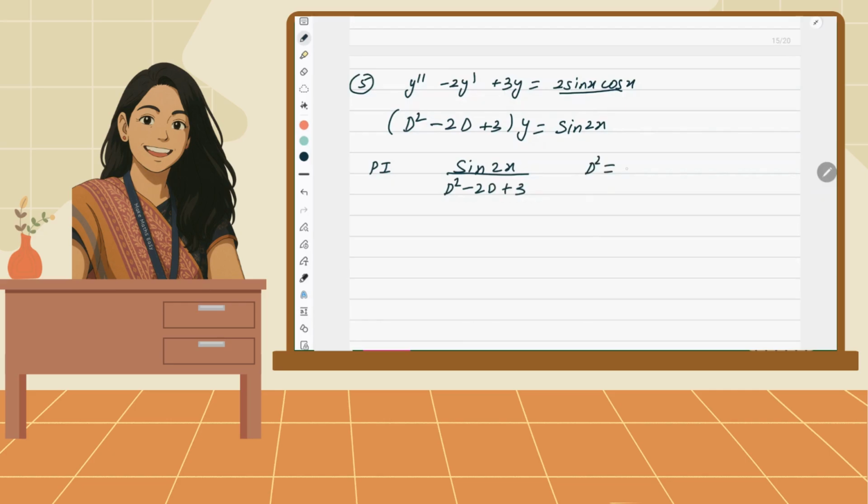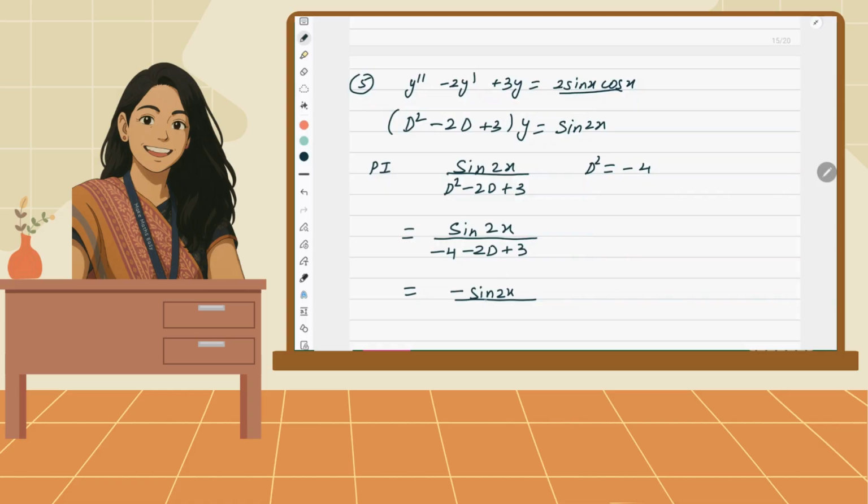Here put D square is equal to minus 4. So you will have sin 2x upon minus 4 minus 2D plus 3. Correct? So this is equal to sin 2x upon minus 2D minus 1.